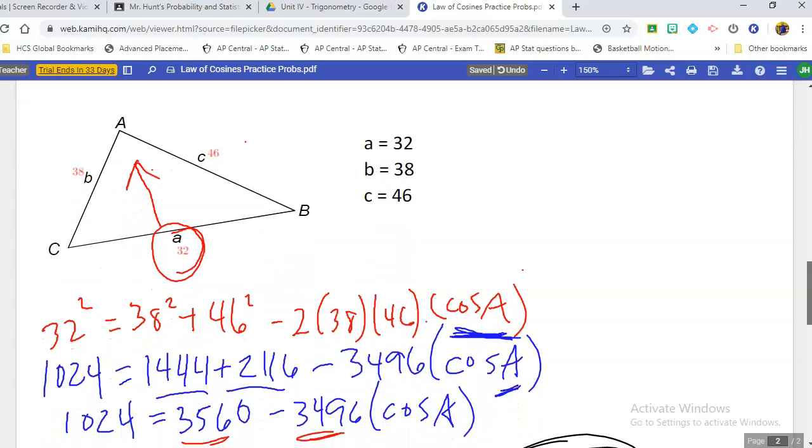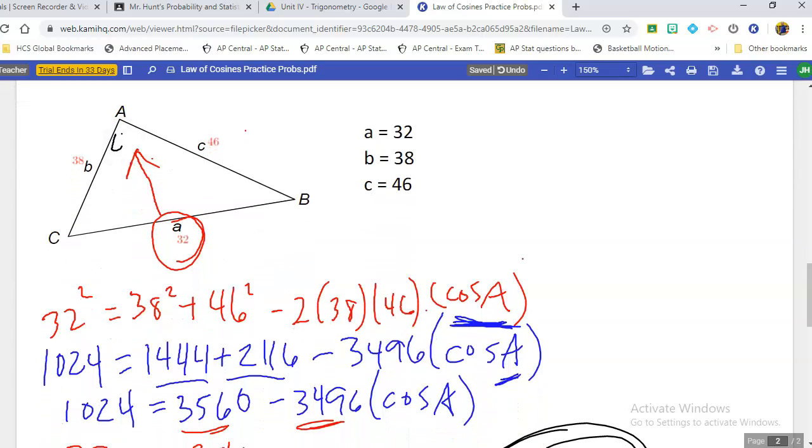Now again, that takes some work, but once we find this is 43.5 degrees, we can use the relationship between this angle and this opposite side to set up the law of sines. That's what we're going to do next. We're going to find angle B, since that's the next smallest angle.